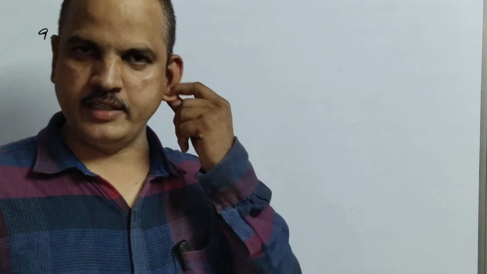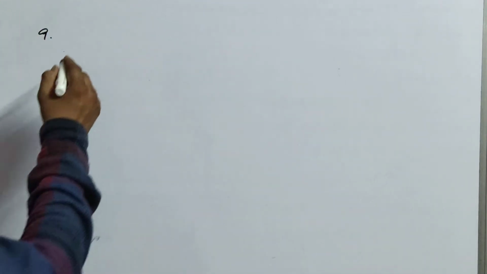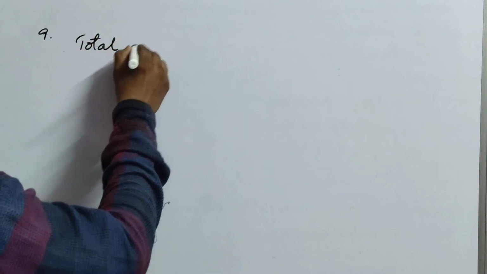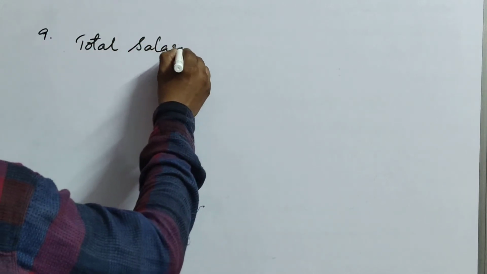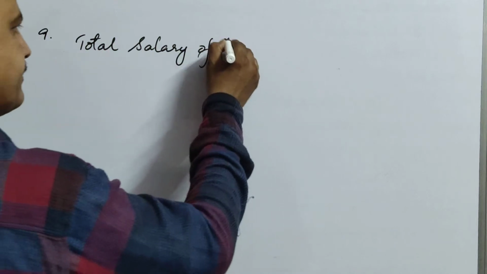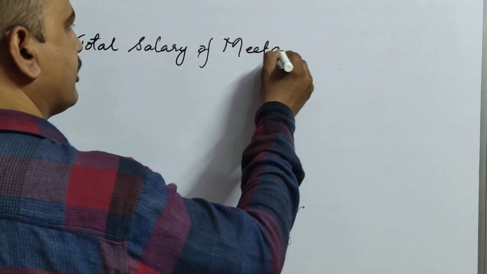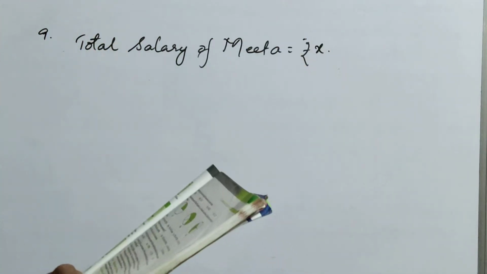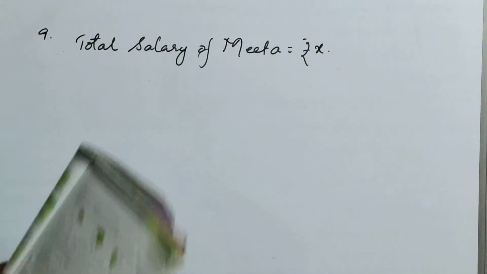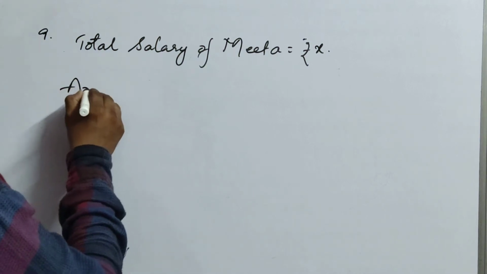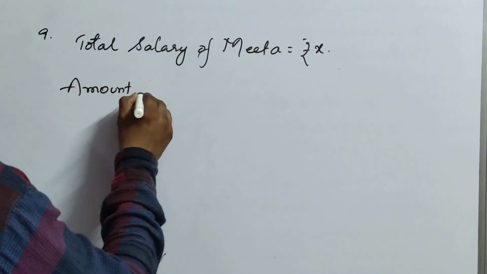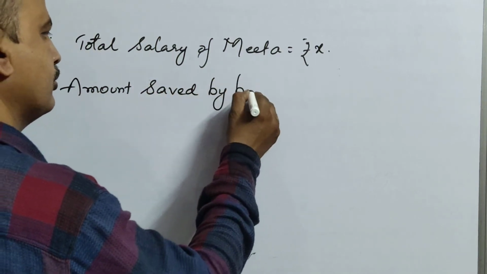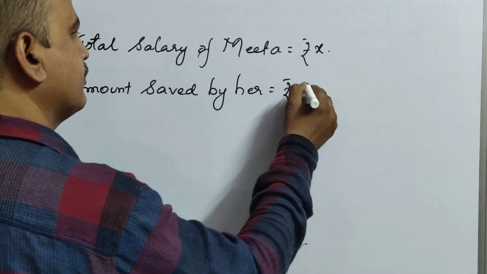We don't know her salary, so we will consider the total salary as X. So the total salary of Meeta equals X rupees. The amount saved by her equals 4,000 rupees.